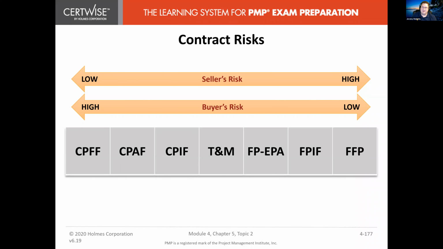And so you can see the difference here. The seller's risk is opposite of the buyer's risk. And they use the acronyms here, but you can see where they fall. Time and materials is right in the middle. It's equal risk for the seller and the buyer.